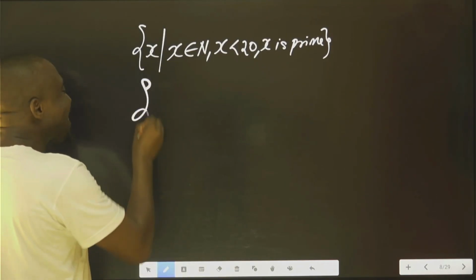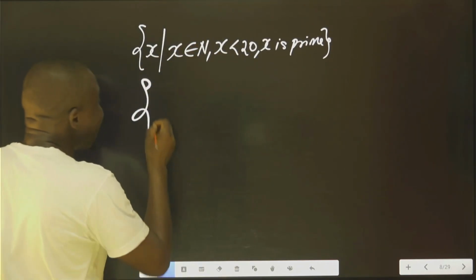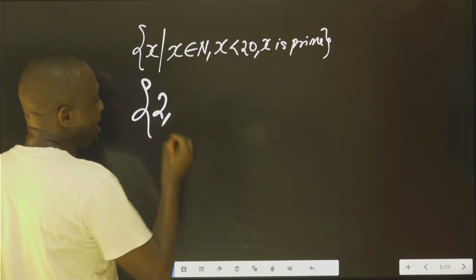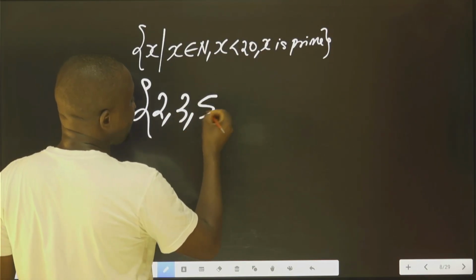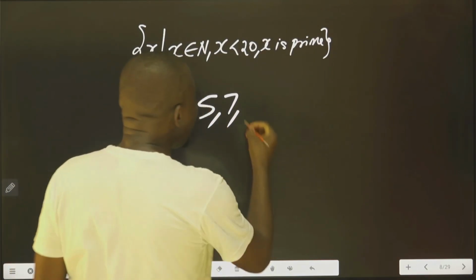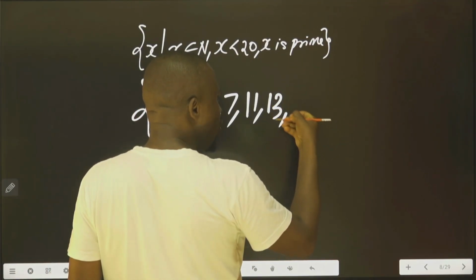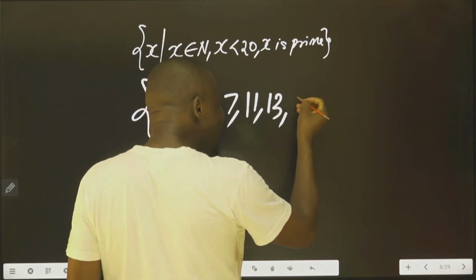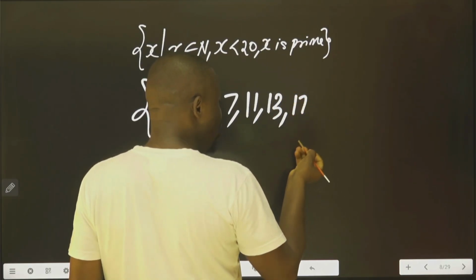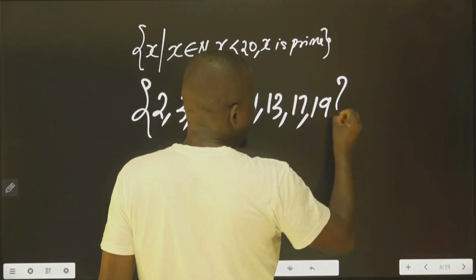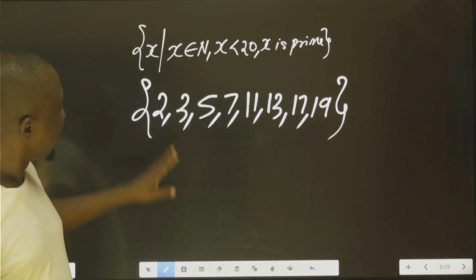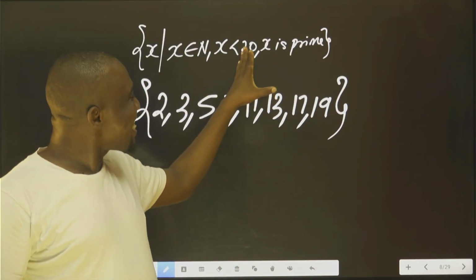It means to write out the actual elements, consider 2 because it's a prime number, 3 is a prime number, 5 is a prime number, 7 is a prime number, 11, 13, 14 no, 15 no, 16 no, 17, 18 no, 19. So you can see these are prime numbers less than 20.